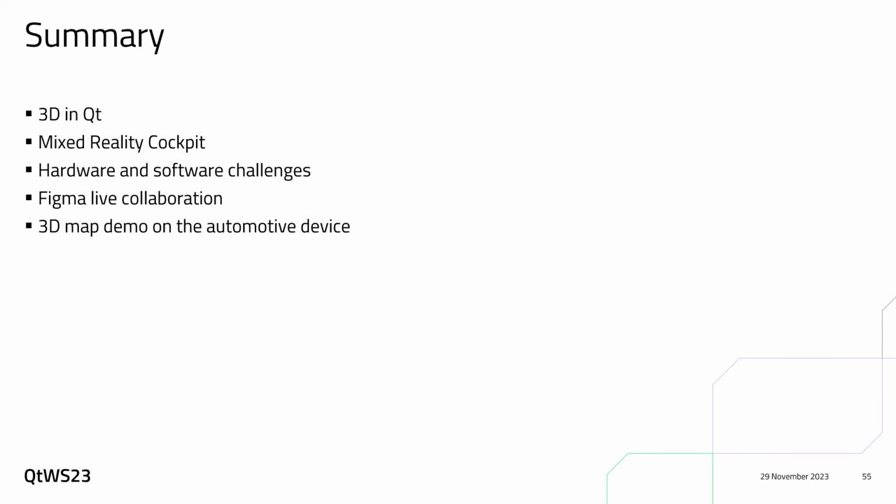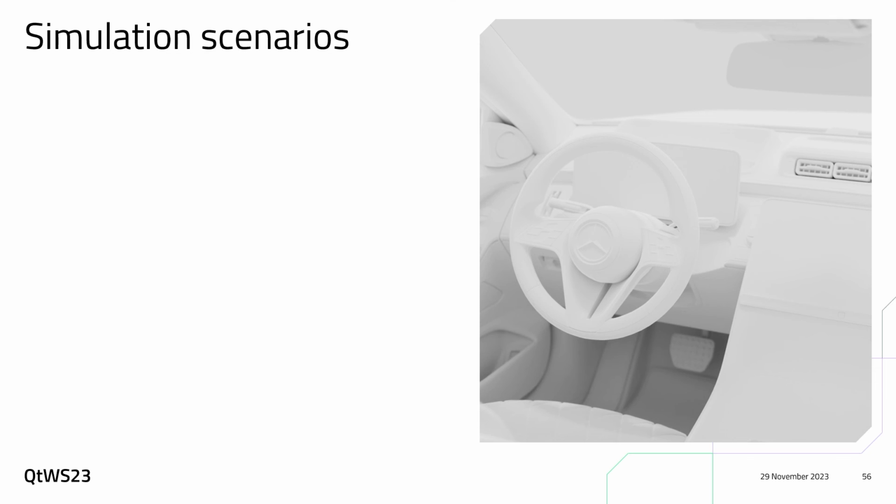Okay, there was a lot of technical information. Are you lost? Don't worry, we can repeat everything, or at least answer the questions at the very end. So let me summarize the work from a little higher level, maybe from a business level. Why did we build this cockpit, and who can use it and for what?